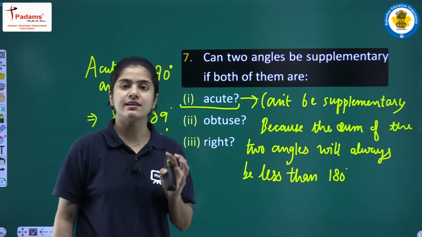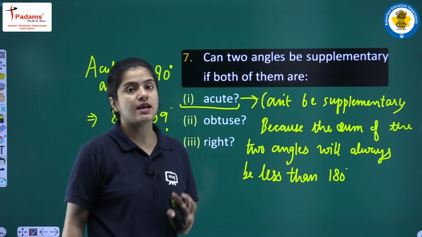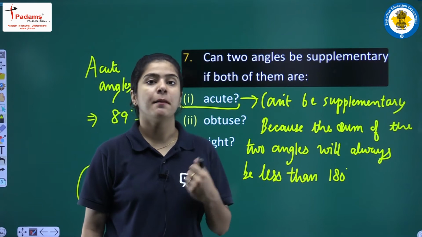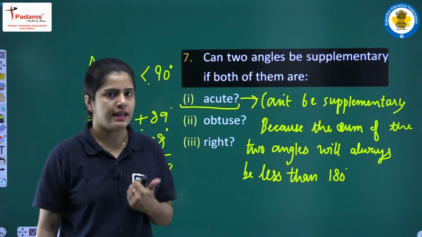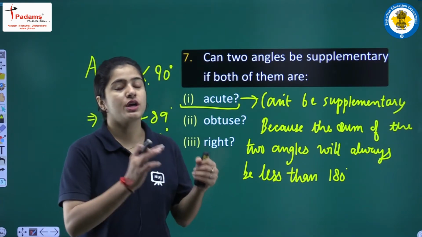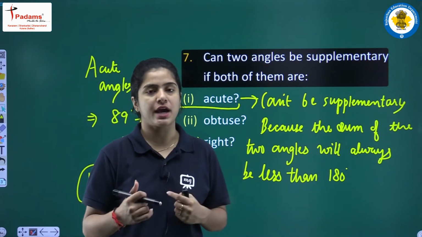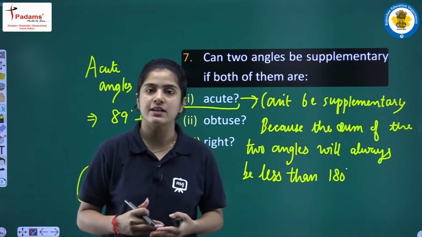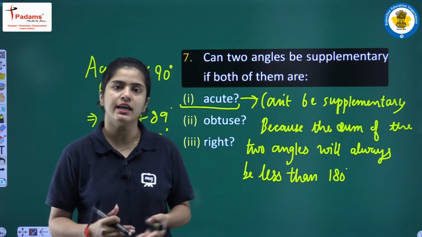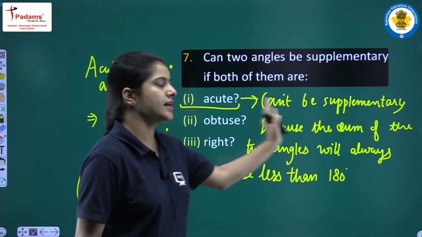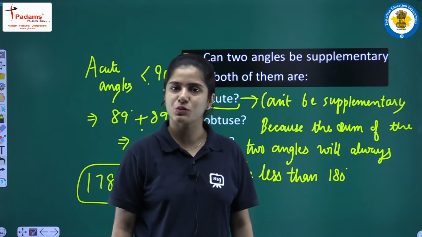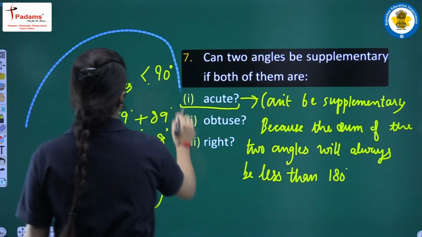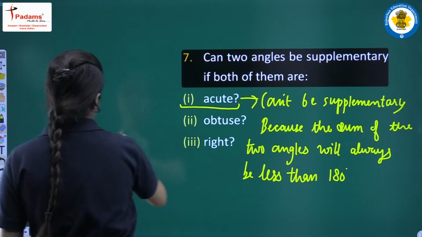And for the angles to be supplementary, the sum of those two angles should be 180 degree. But because the acute angles are less than 90 degree, if we are taking any two acute angles, then their sum will always be less than 180 degree. So that is why they can't be supplementary. Okay, students. Now we'll be solving it for obtuse angles.